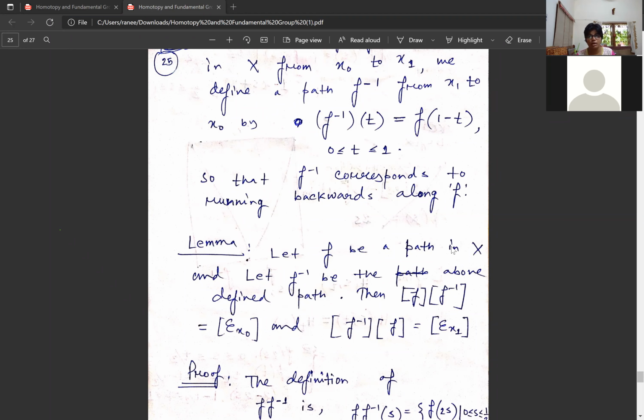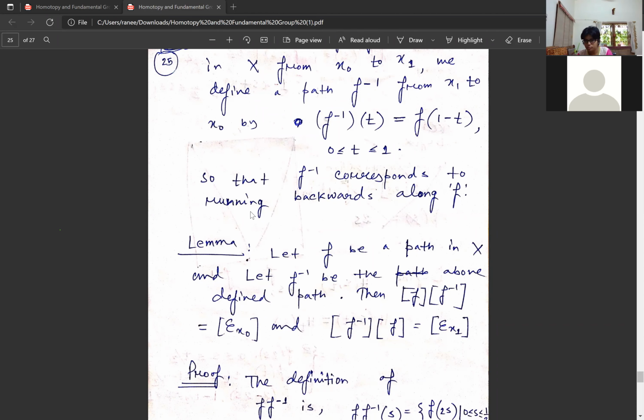So the closure property means what? That the product, right? I actually think the inverse property will have a problem because, in this lemma, we can see that f into f inverse will give the identity at x naught, but f inverse into f will give the identity at x1.